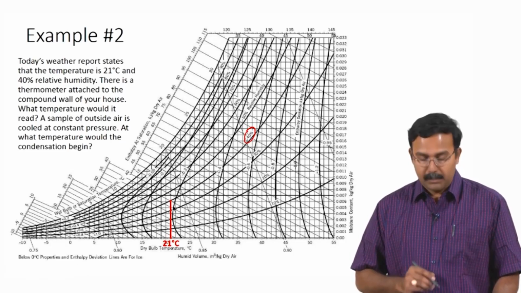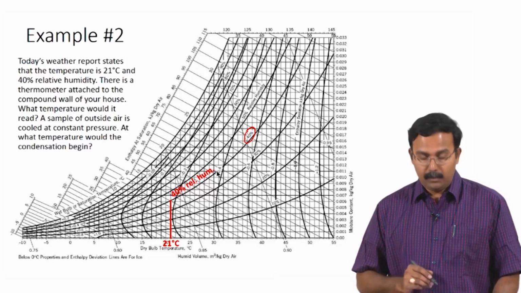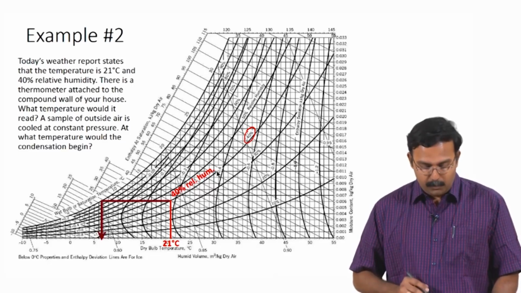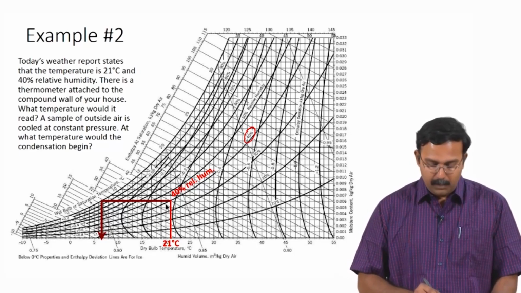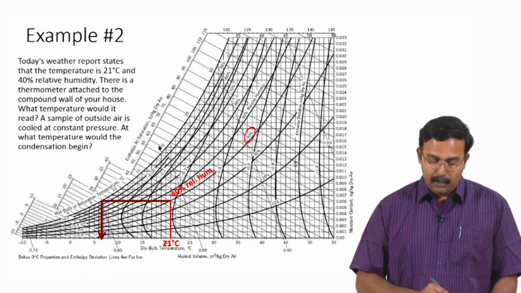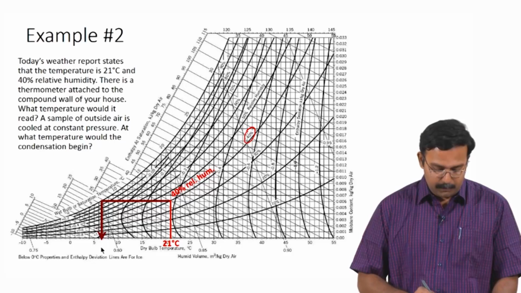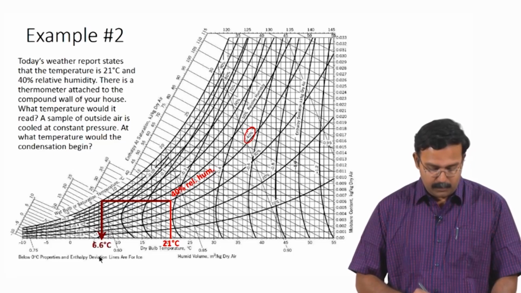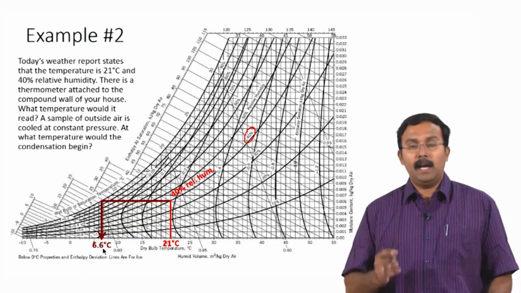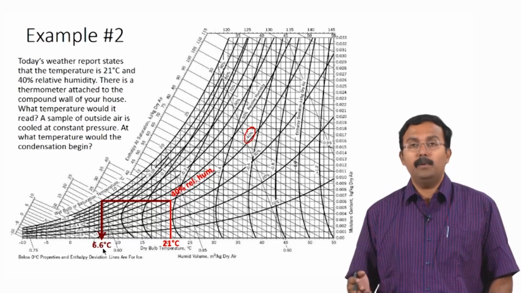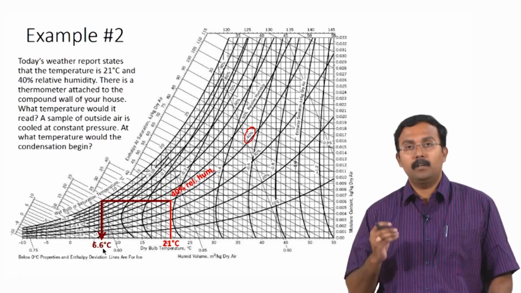From the 40% relative humidity I now have to find the dew point, which would be along this curve. So, I move to the left using a horizontal line all the way to the saturation curve, and I can identify the temperature here or the temperature below, and the value is roughly 6.6 degrees Celsius. So, if this air water mixture is cooled from 21 degrees Celsius to 6.6 degrees Celsius, you would have the first droplet of water forming.